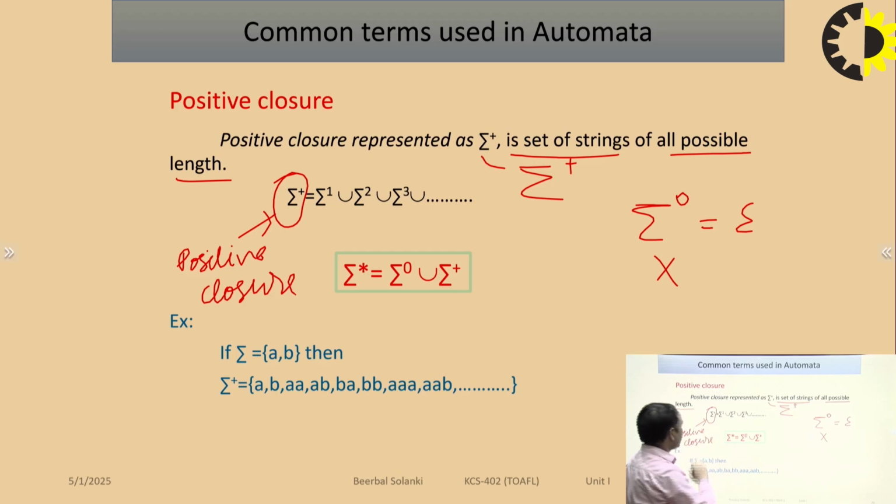It means that it contains 1 length strings, 2 length strings, and also 3 length, 4 length, 5th length and so on. It can be written as the Kleene closure equals the union of 0 length, epsilon, and the positive closure.